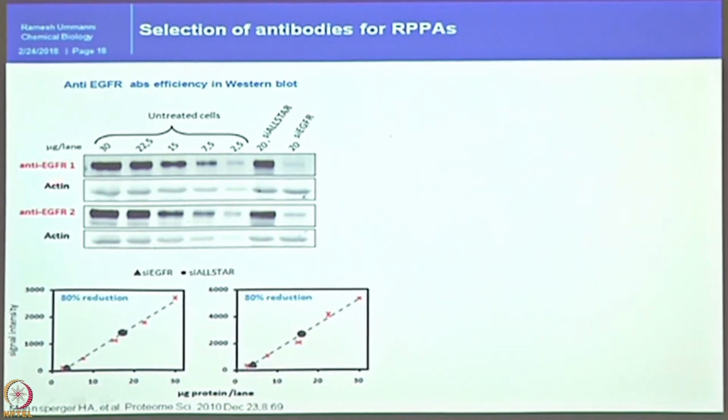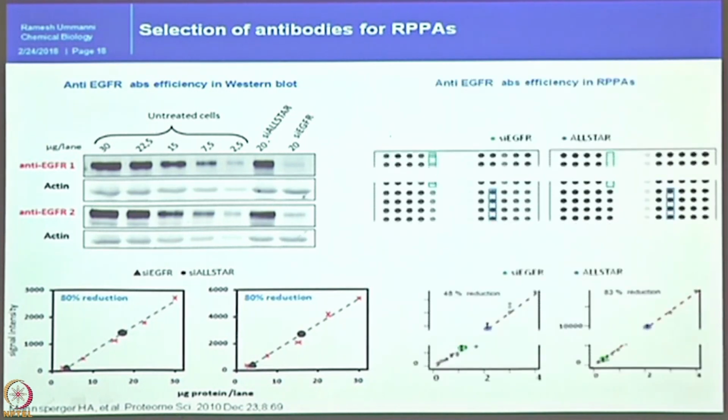In one lysate we used for downregulation of EGFR, from the same lysate we did a Western blot in a serial dilution manner and used two different antibodies to detect the signals. The two different antibodies nicely showed concentration-dependent signals for EGFR, and the Western blot results show that 80% downregulation happened for EGFR after adding siRNA. This data is completely wrong.